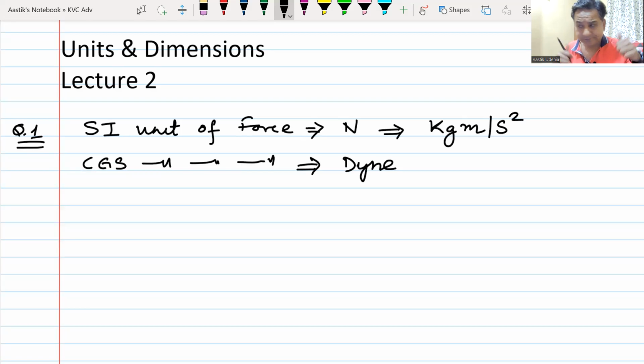Yes or no? Please raise your hand so that I understand that you understand this. The SI unit of force is Newton, which can be written as kg meter per second square. Yes or no? Okay. Similarly, Dyne, which is the CGS unit of force, will be written as gram centimeter per second square.